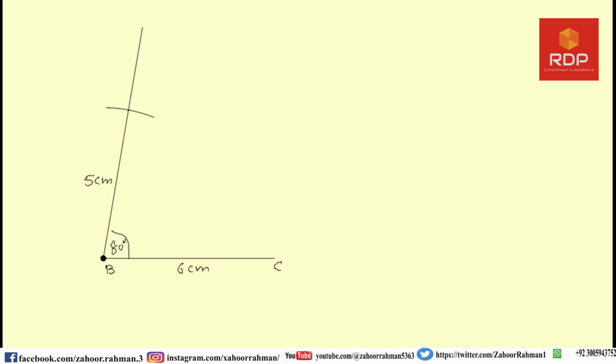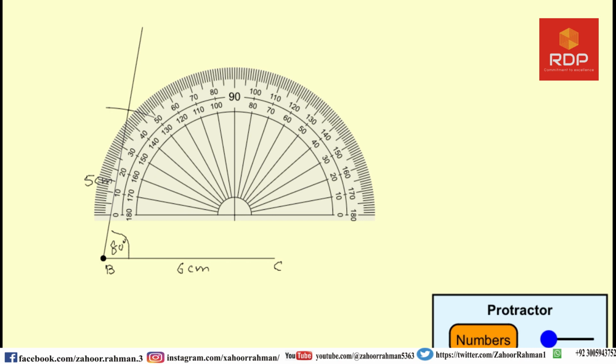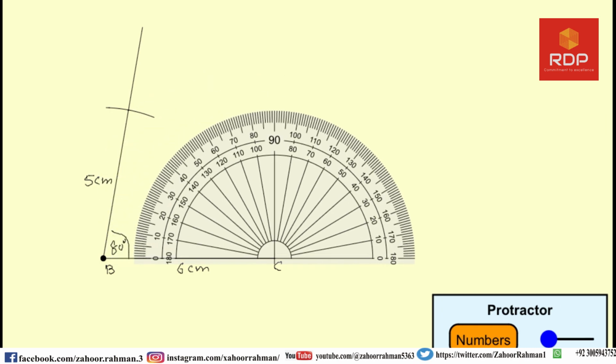Because we are drawing a parallelogram, these two sides and one angle will do our work. Similarly, you have to draw an 80 degree line here, because in a parallelogram the two pairs of sides are equal.